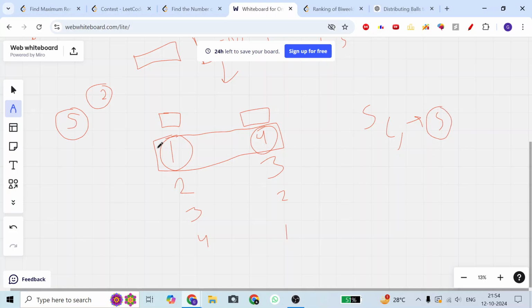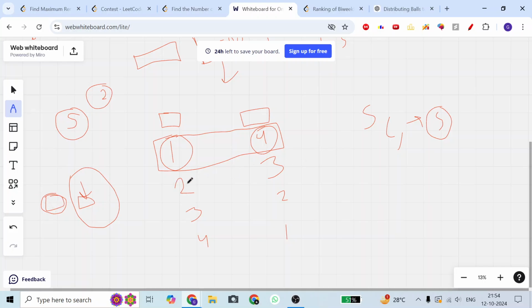In 5 ways I can select the groups. If I select one group, all the remaining performers will automatically go to the second group. So I need to find the number of ways to assign this single group.